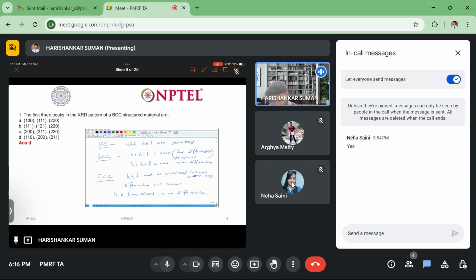Okay, so these are the conditions. They come from the structure factor F. So the structure factor, you already know how we can calculate.